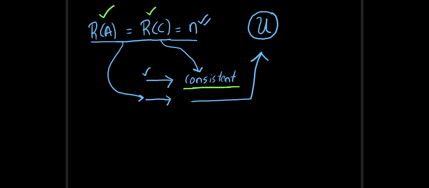But I told you earlier, a system is consistent implies two things. Maybe the system will have infinite solutions, or maybe the system will have a unique solution. Now take a look at this. Rank of A equals rank of C, and that is equal to the number of unknowns. So that gives me a very clear idea. It is consistent and we have a unique solution.